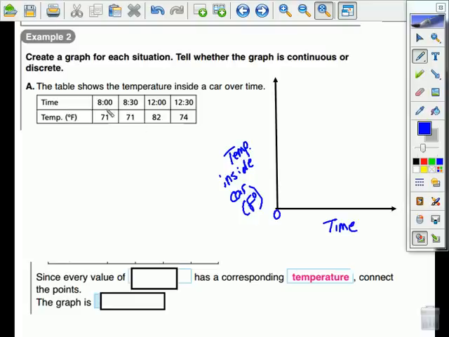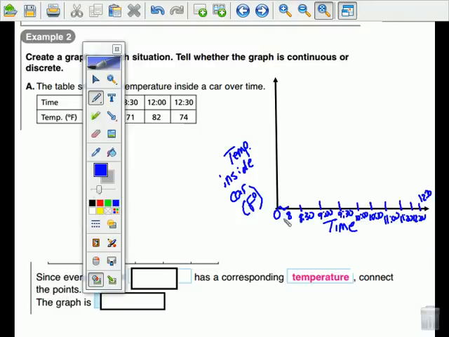My time has to go from 8 o'clock to 12:30. So I can just go ahead and do little half hours at a time, but I'm going to break the scale and go 8 o'clock, 8:30, 9 o'clock, etc. 9:30.